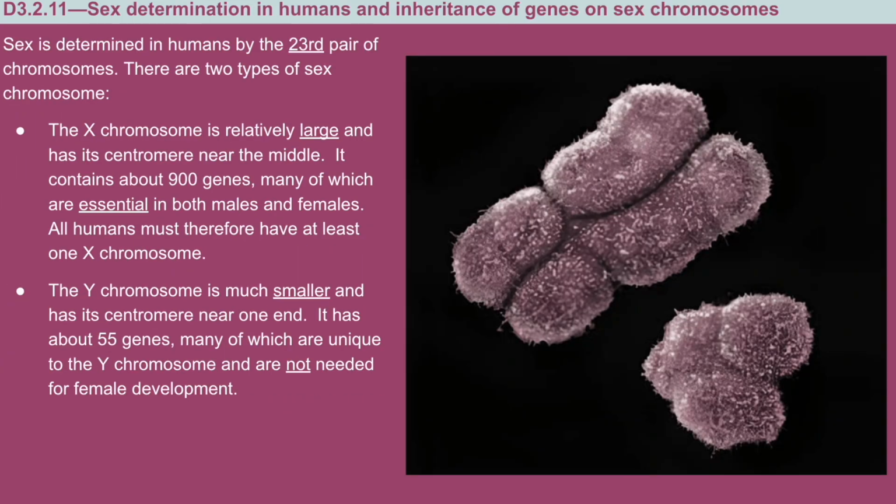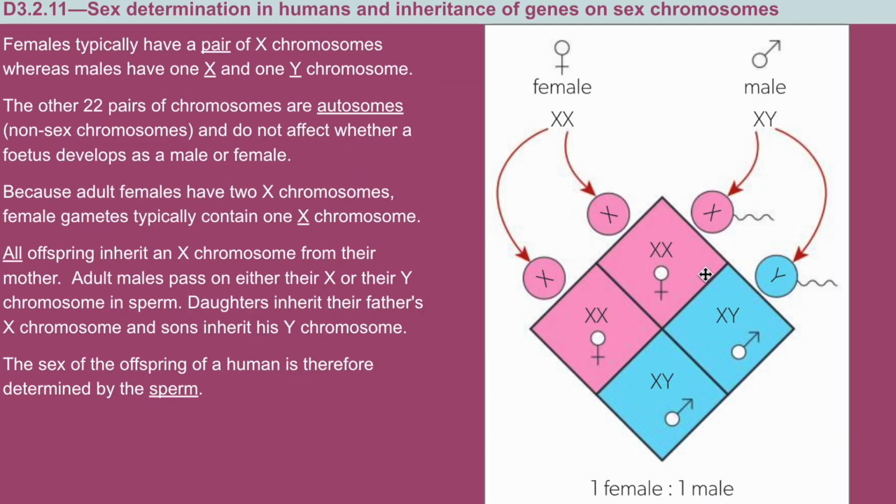Okay, sex is determined in humans by the 23rd pair of chromosomes, which are either X or Y chromosomes. Now, the X chromosome is much larger than the Y chromosome. Females are going to have 2 X chromosomes. Males will have 1 X and 1 Y. And this is why we have a 50-50 chance of producing male and female offspring.